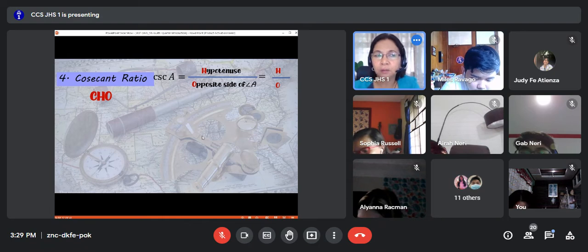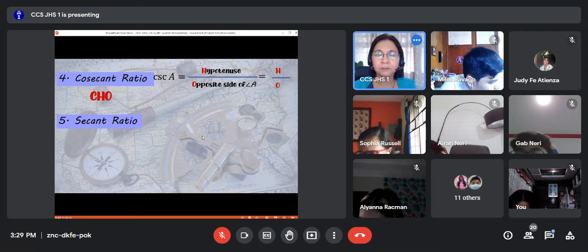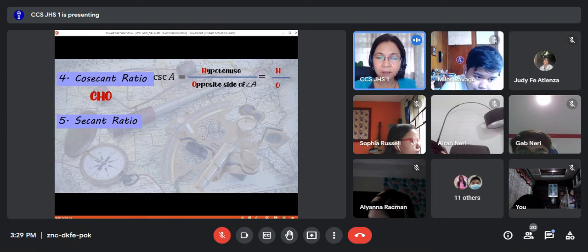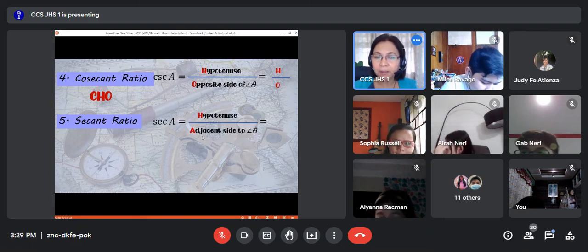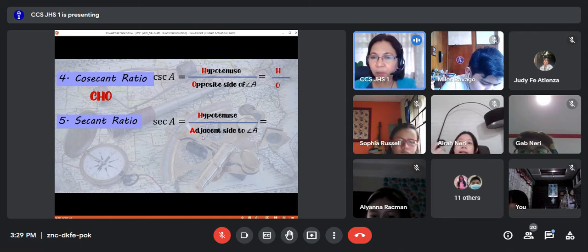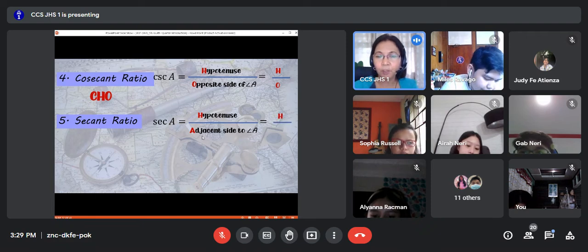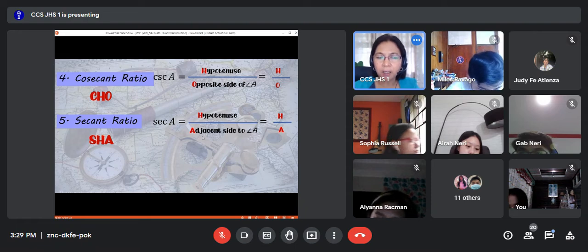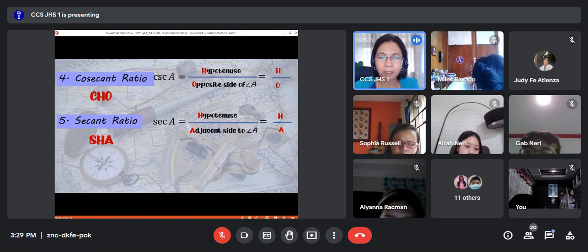Cosecant is CHO, hypotenuse over the opposite side of angle A. The second ratio is the reciprocal of cosine, denoted by sec A, or secant of the angle A. It's hypotenuse over the adjacent side to angle A, or H over A, or simply SHA. SHA, secant. Secant is hypotenuse over adjacent side.